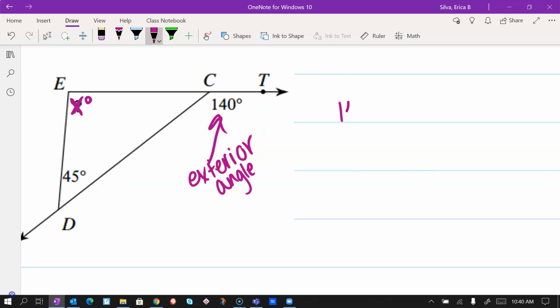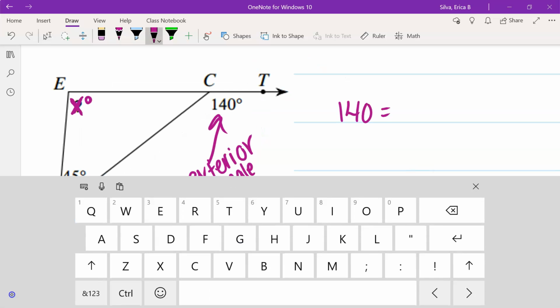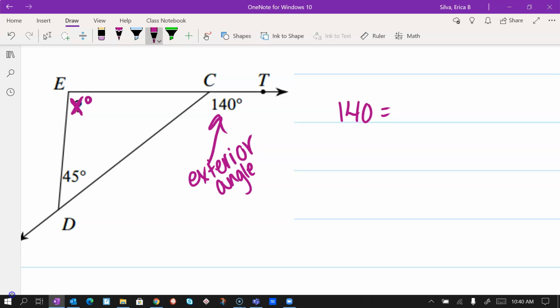So this one is 140 equals. And what are we going to add here? Or somebody might say something else. Yes. Yeah, there you go. You can do 180 minus 140. And that will give us this angle, right? 180 minus 140 is 40 degrees. That's a good approach. And then what did you do?